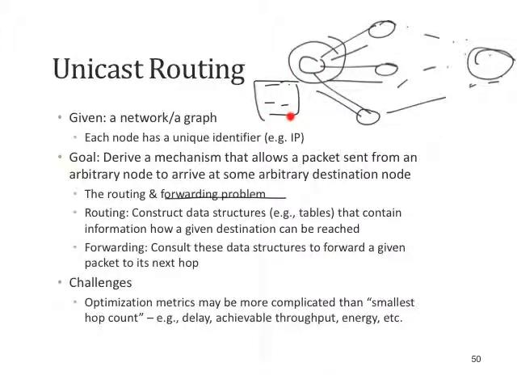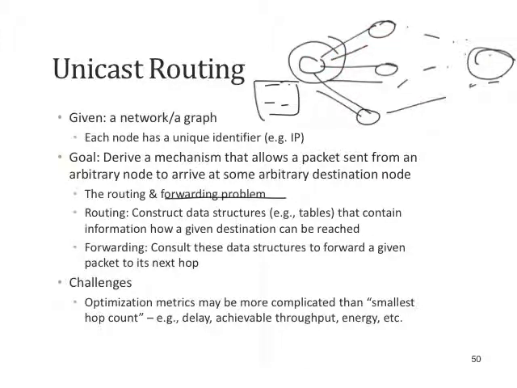This routing table has to be generated using the routing protocol or the routing mechanism. The routing protocol will allow you to create this routing table, which tells you if you want to go to this destination, you need to go this way.